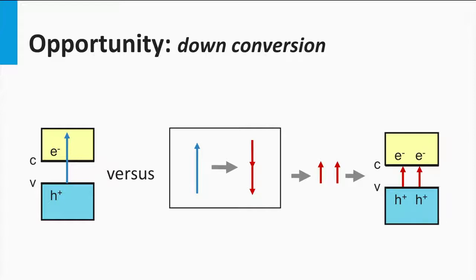As a result, a high energetic photon, like a photon in the blue visible part, can result in 2 excited electrons in the blue part. In other words, the maximum theoretical EQE of 100% at the wavelength of the blue photon can be increased to 200%.